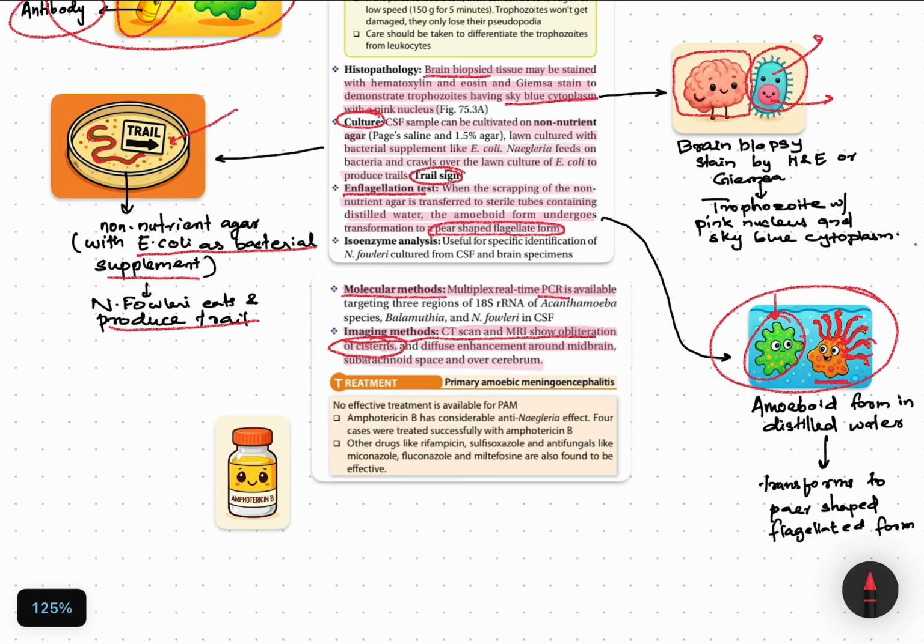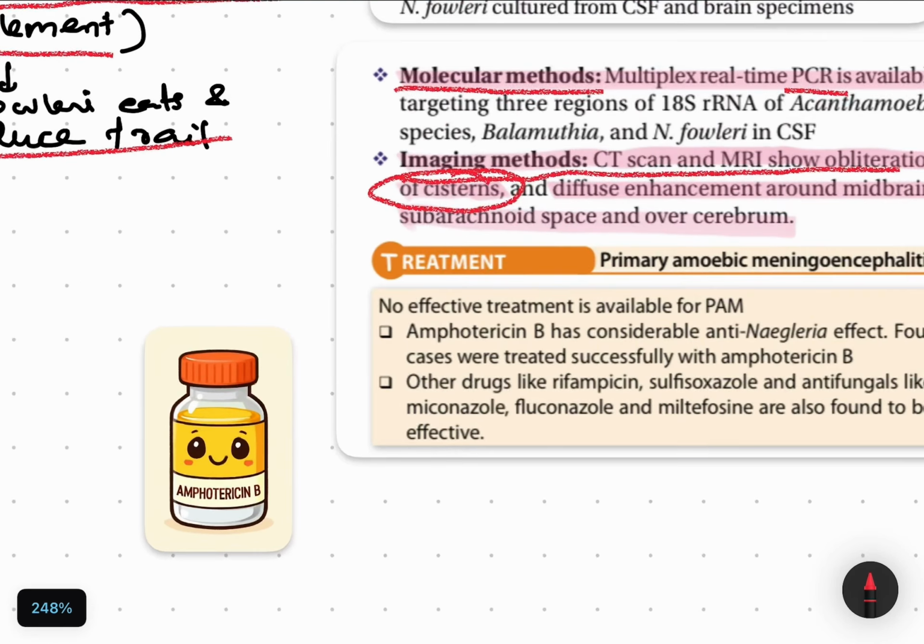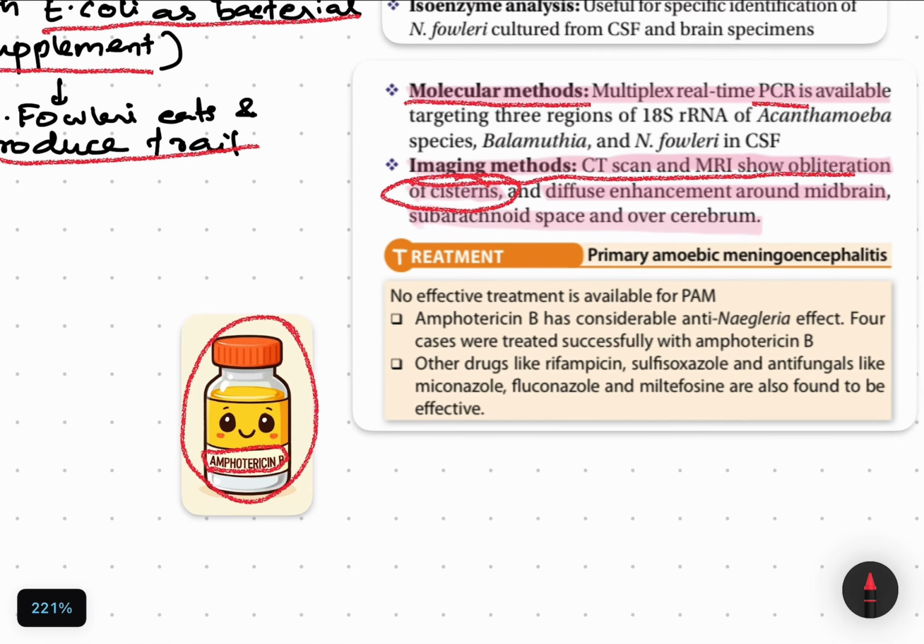Before I started this lecture, I already told you that this is a fatal disease. Almost 98% of the people who got this disease are now dead. So no effective treatments are available, but using amphotericin B, the cute little bottle here where I have written amphotericin B on it, there is some kind of anti-Naegleria effect, and 4 cases were treated.